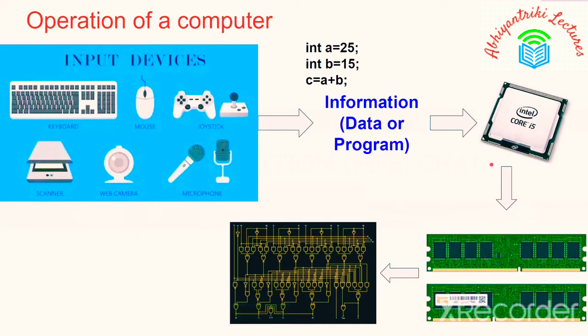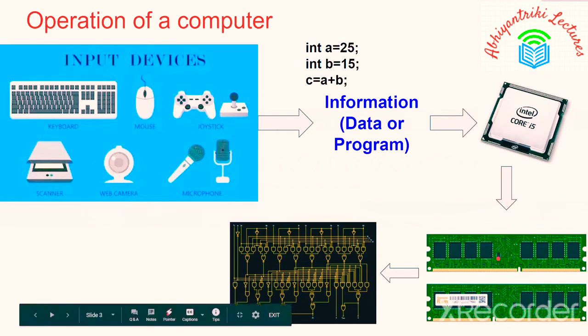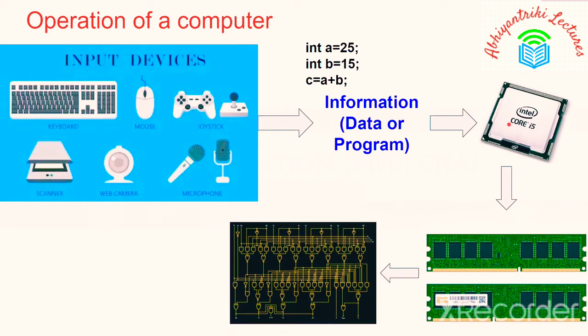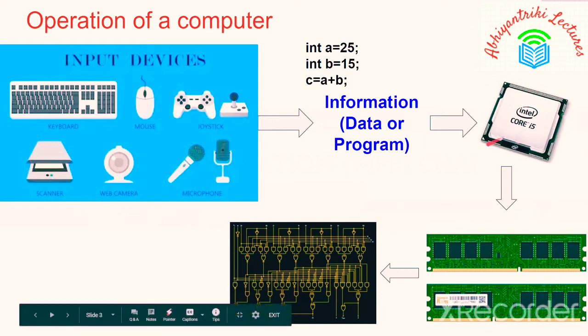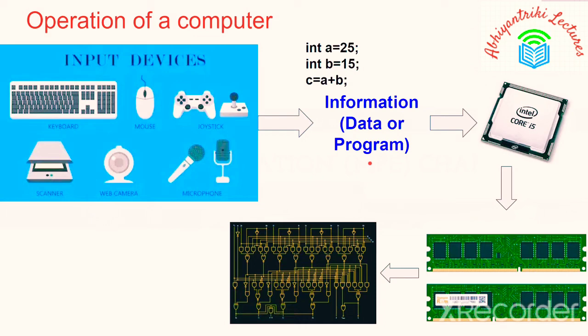If the control unit sends a read signal, then only can it fetch; and if the processor wants to write some data, it has to take permission from the control unit. Write means store the data into the memory, read means fetch the data from the memory. The control unit controls the entire operation of the computer.